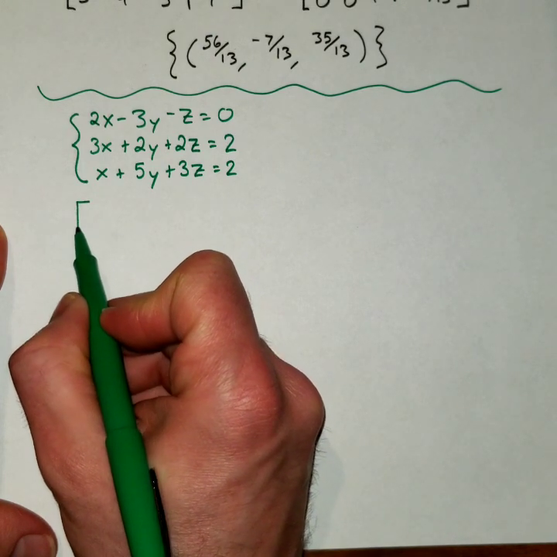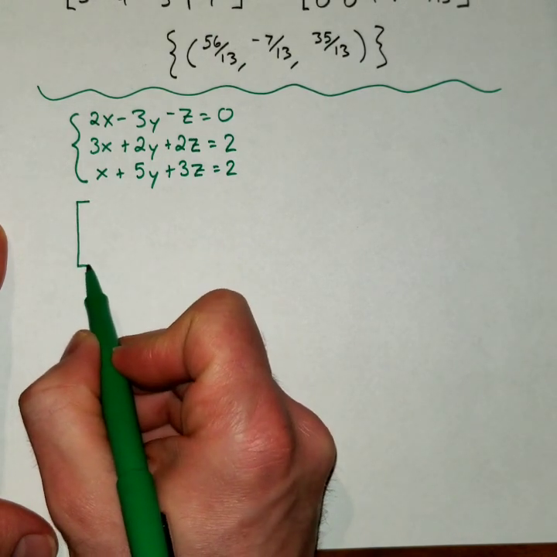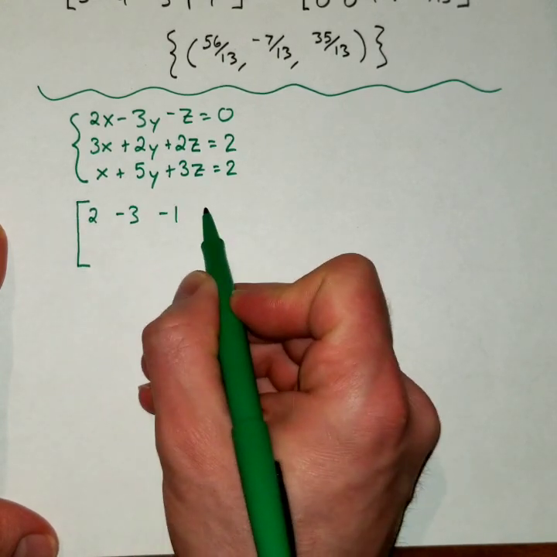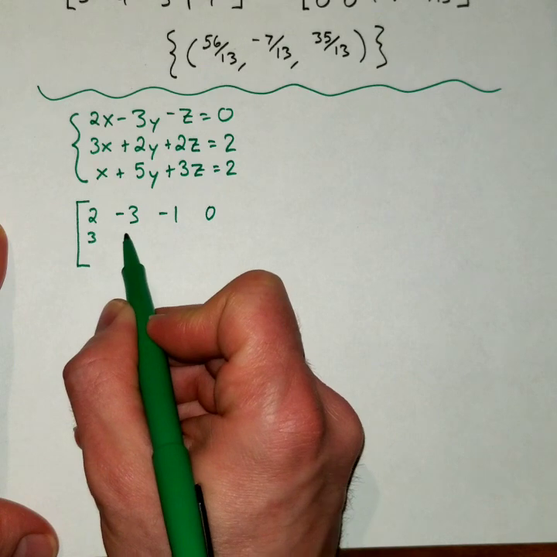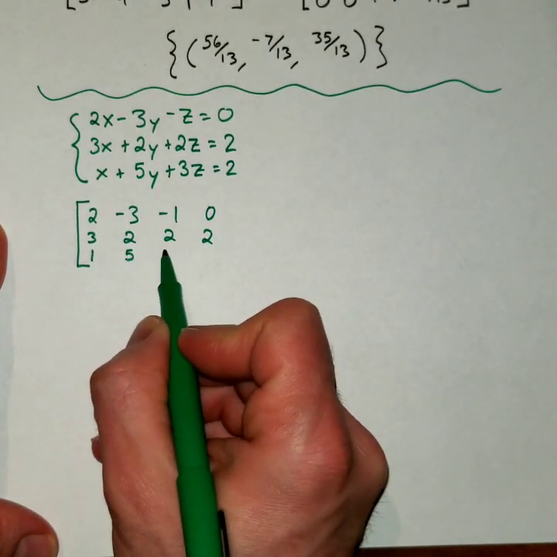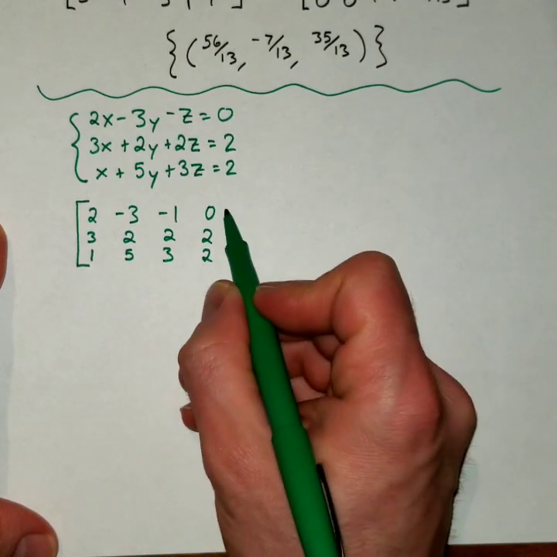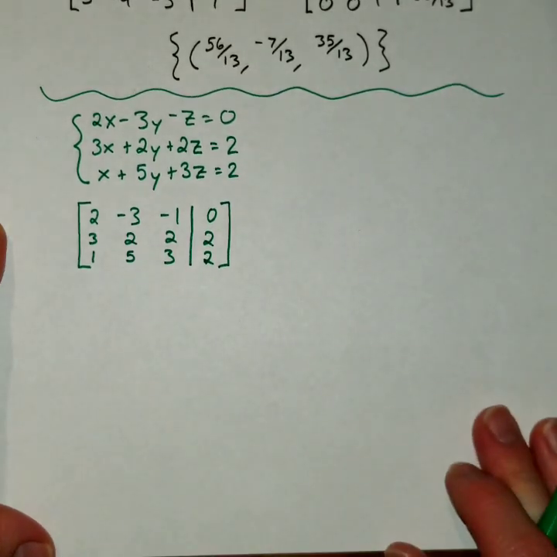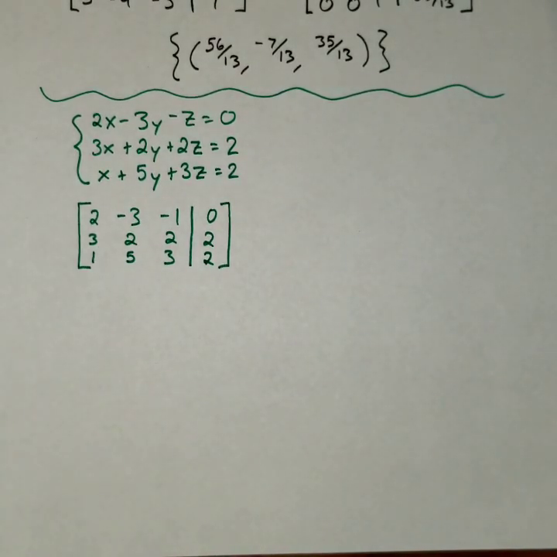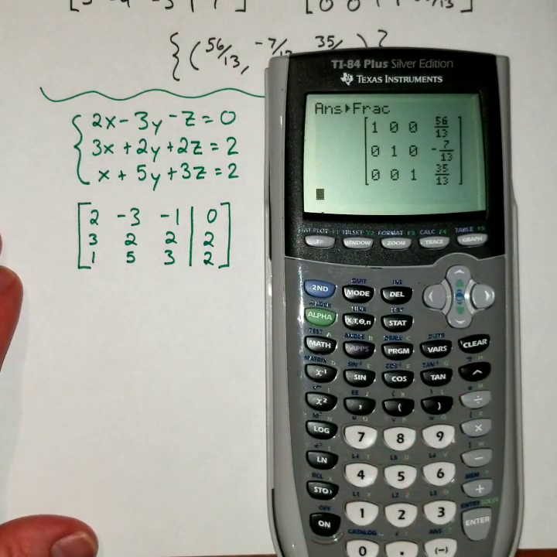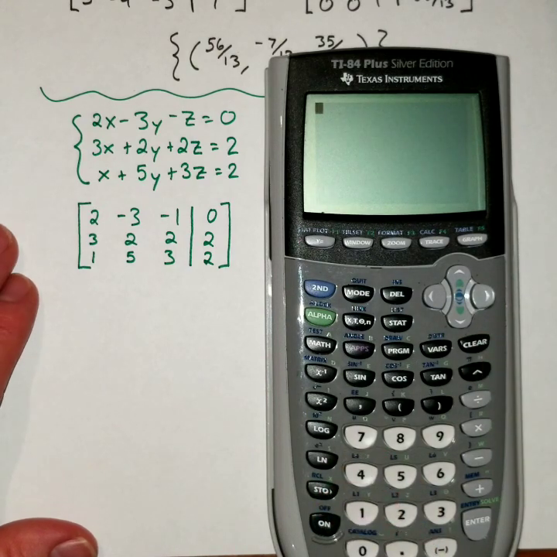I'm going to write out the initial matrix: 2, -3, -1, and 0, 3, 2, 2, 2, and 1, 5, 3, 2. Now hopefully when I put this in the calculator I won't make another typo mistake like I did on the last one. We'll see.